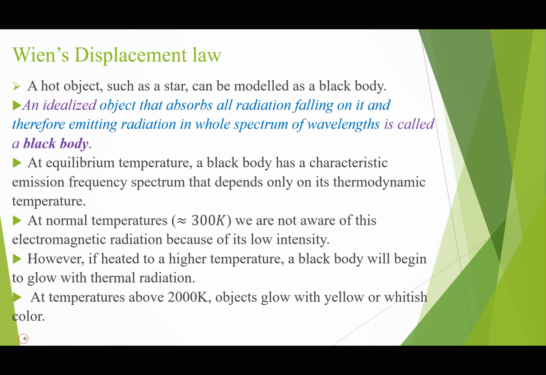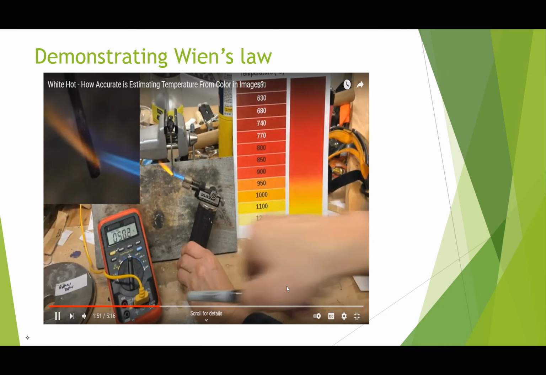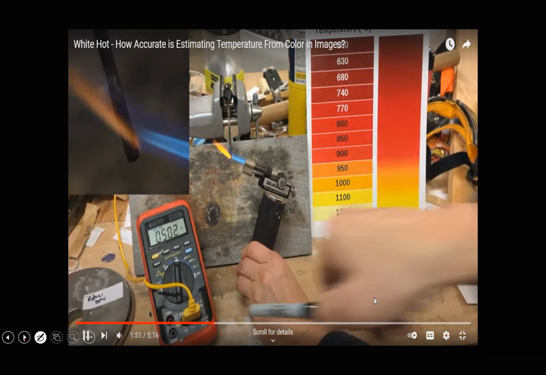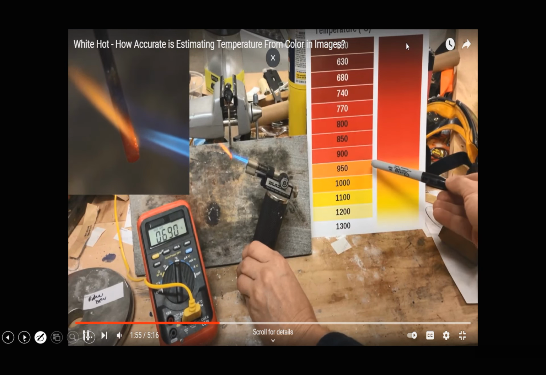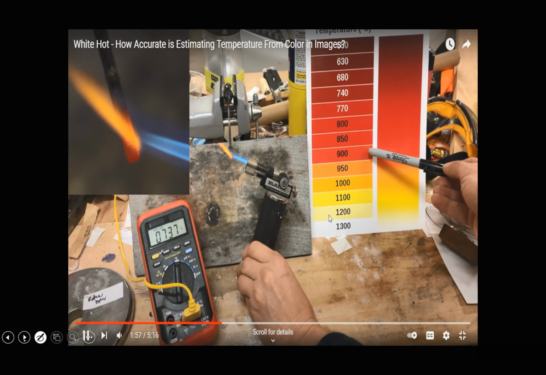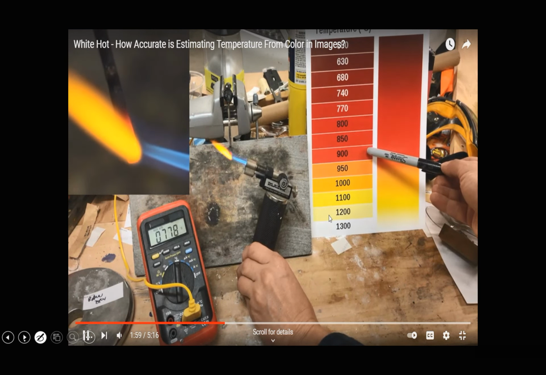I want to use this slide to demonstrate Wien's displacement law. In this demonstration, a metallic object is being heated.